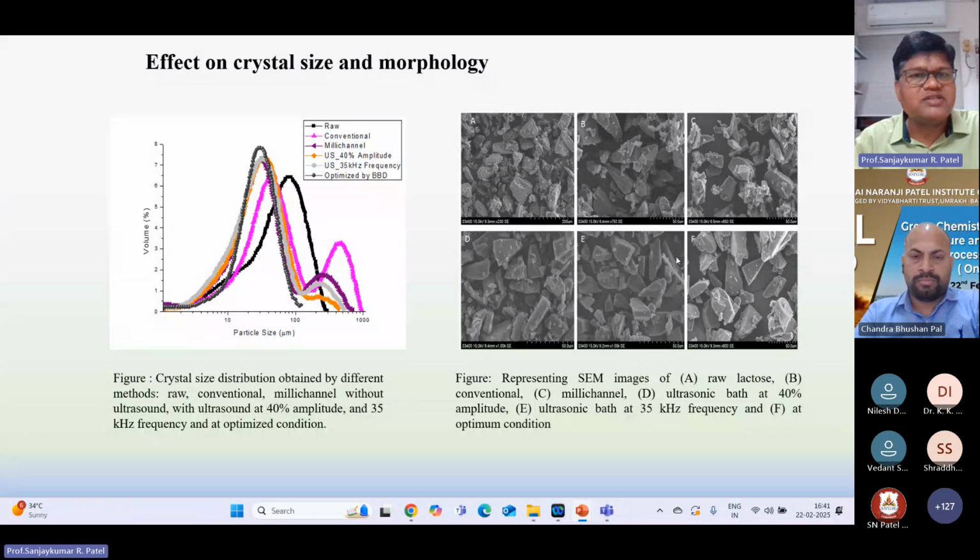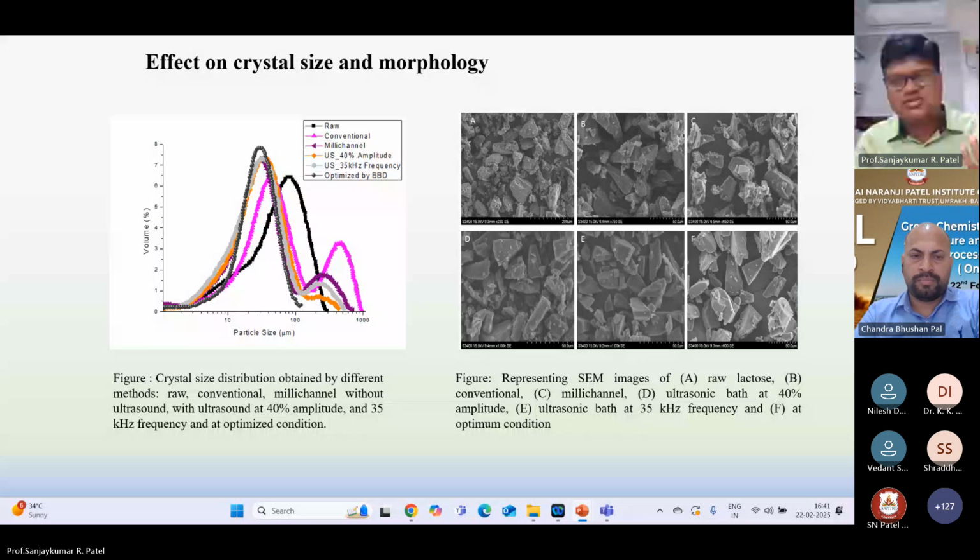But if you look at the surfaces in the presence of ultrasound, they become very smooth at 35 kilohertz or at the optimum condition also. So we can have control over the crystal size distribution in the presence of ultrasound if it is done in the millichannel.